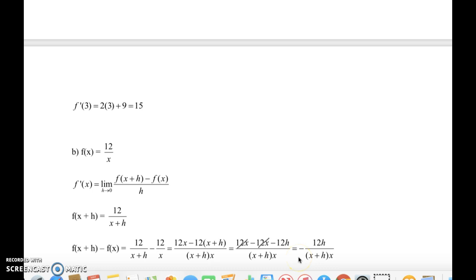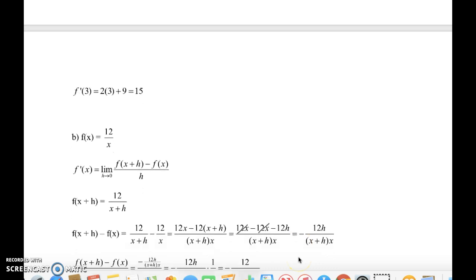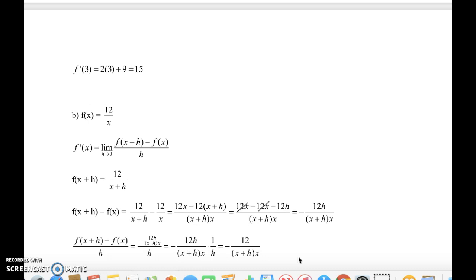Now we have to take this top portion and plug it into our limit function. All right, which means we have a fraction within a fraction. And when we have a fraction in a fraction, remember our rule for fractions is we keep the top, change the sign to multiplication, and flip the bottom. Now remember, this bottom is a whole number, that's h over 1, so it becomes 1 over h.